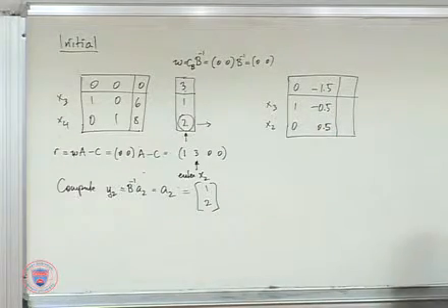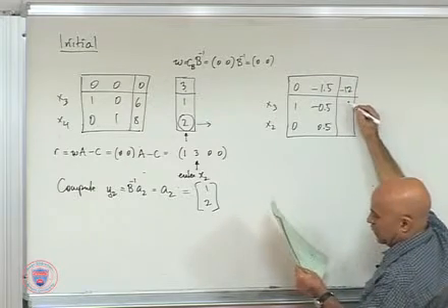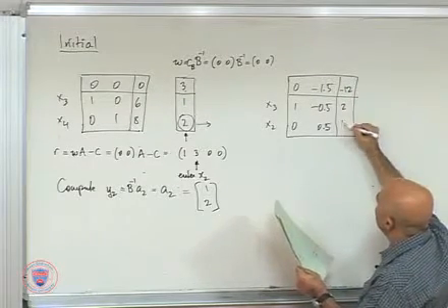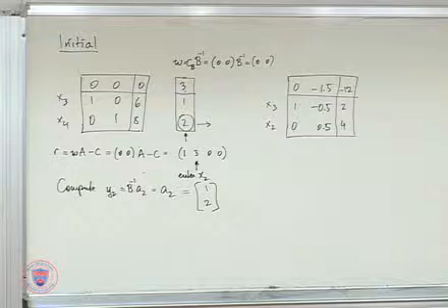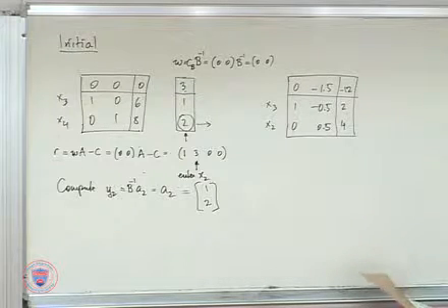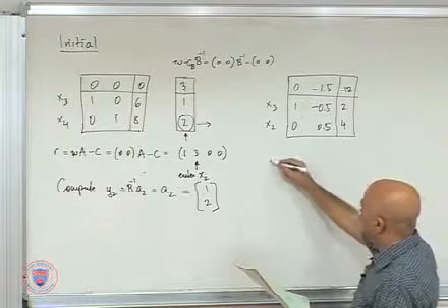This is my new basis inverse. And these are the new values of the basic variables, with minus 12 specifying the value of the objective function. So we compute again the reduced costs.